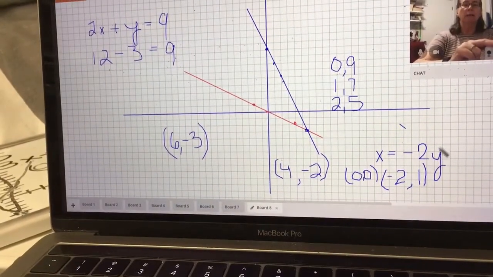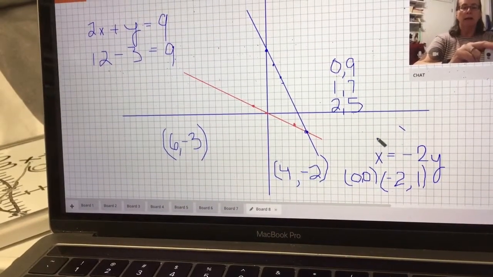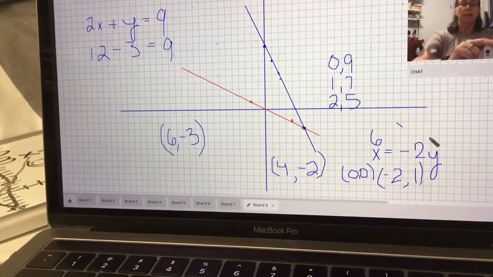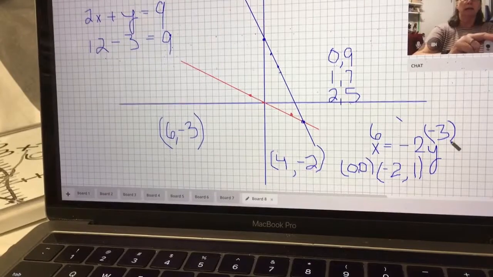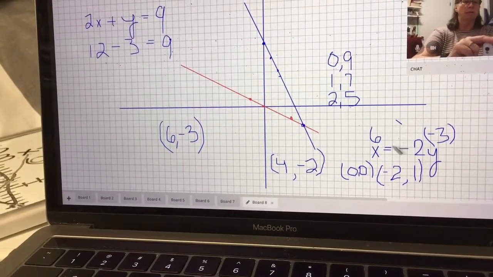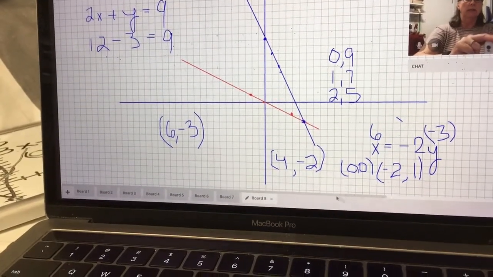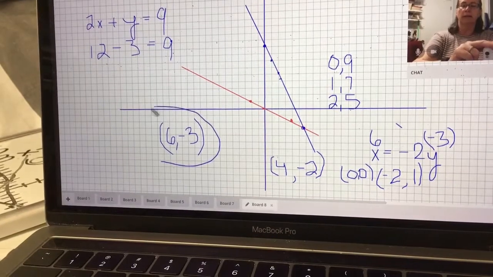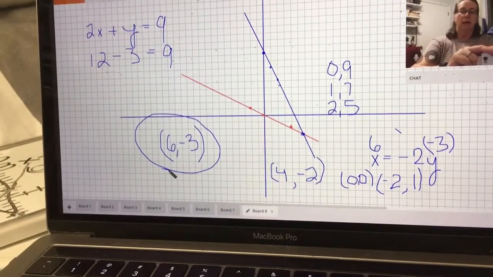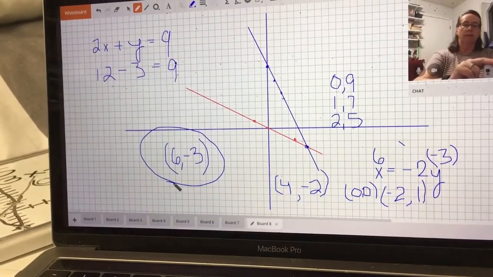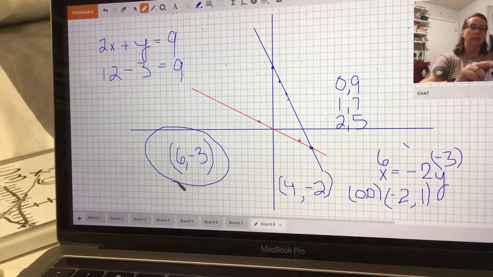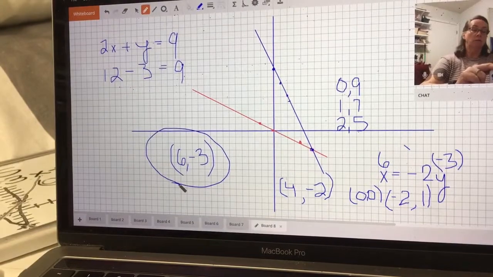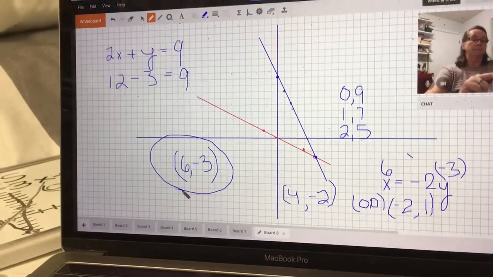And then if I plug in my x is 6 and a negative 3 here, then I do get negative 2 times negative 3 is 6. So this is a good guess, and it has been verified that that is the intersection of the two lines, which is the solution to the system.